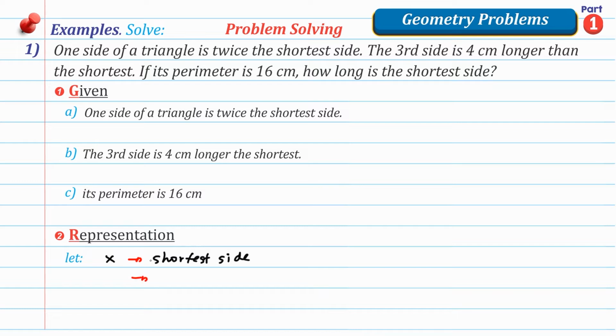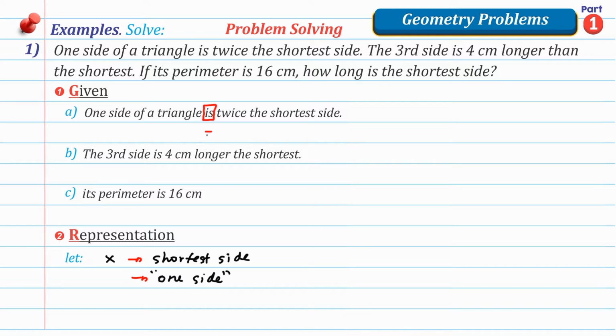Next thing na kailangan nating i-represent. So, one side of a triangle is twice the shortest side. So, ibig sabihin, we need to represent yung one side ng triangle. Okay, sige. Let's try and do that. So, let me write here yung one side na yan. Converting, we know from words to algebraic expression, is means equals, correct? So, lalagay ko na kaagad.